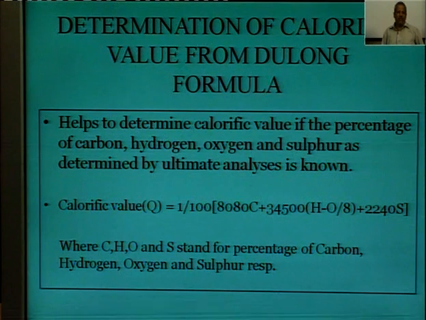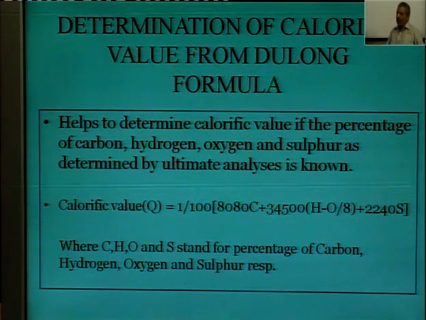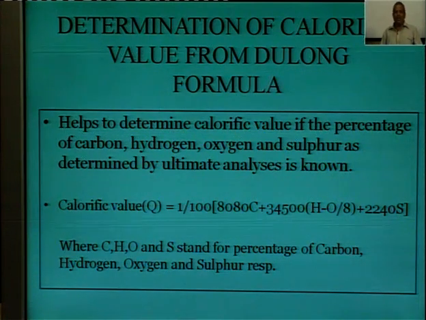For example, if hydrogen is present, then when the fuel gets burned, heat is produced. But similarly, the hydrogen also burns and forms water. The heat generated by burning the carbon is also absorbed by the water which is generated in this equation.